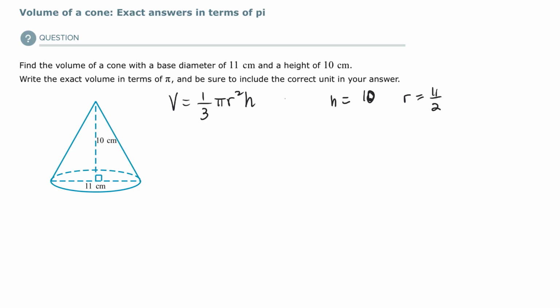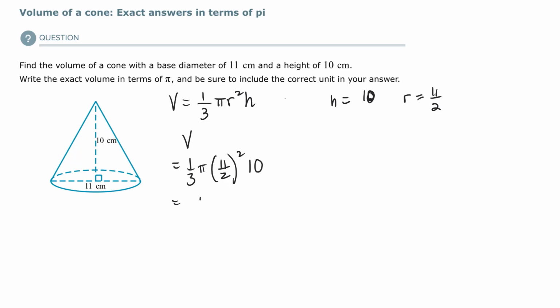All right, let's substitute. V is our expression. We're going to take 1/3 pi. R is actually 11 halves. We're going to take that, square it, and then we're going to multiply by height, which is 10.